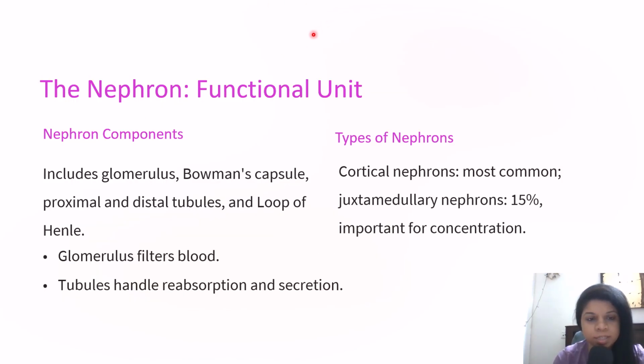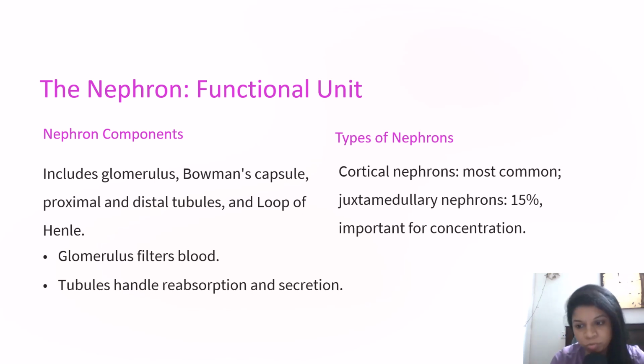So what is a nephron? The nephron is the functional unit of the kidney. It has components like glomerulus, Bowman's capsule, proximal convoluted tubule, distal convoluted tubule, and loop of Henle. The glomerulus is the main filtration part of the blood, and the tubules that come after the glomerulus handle mainly the reabsorption and the secretion.